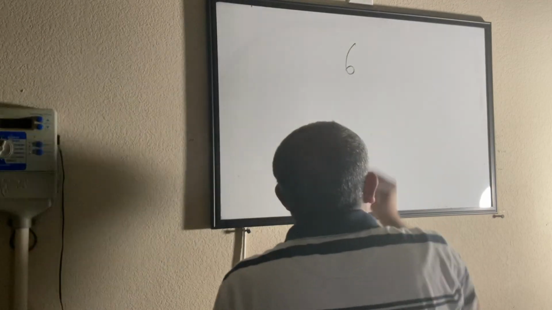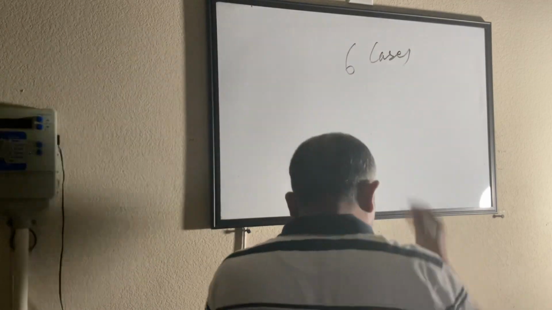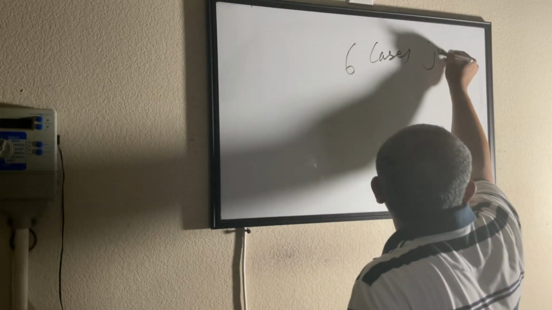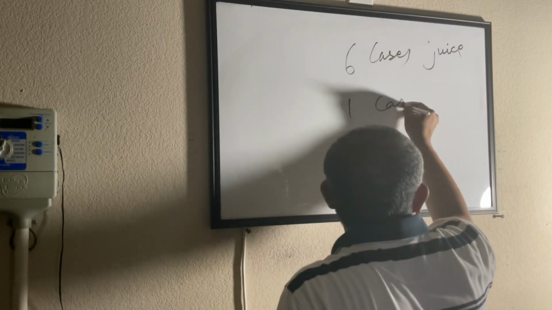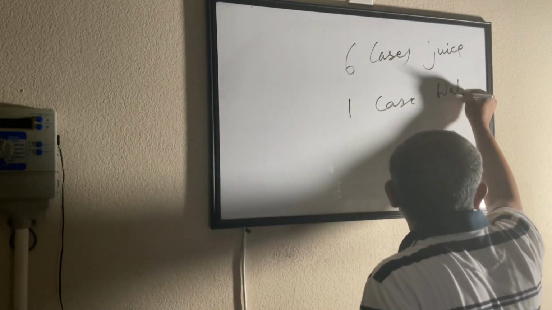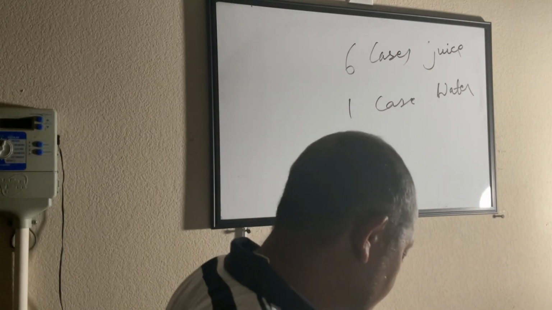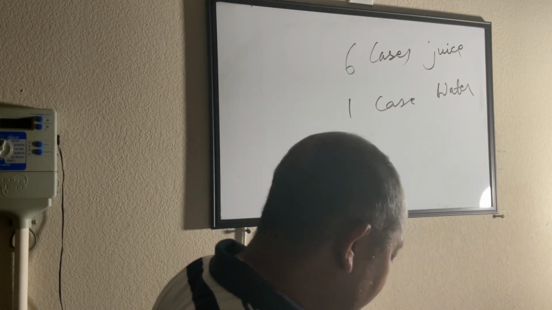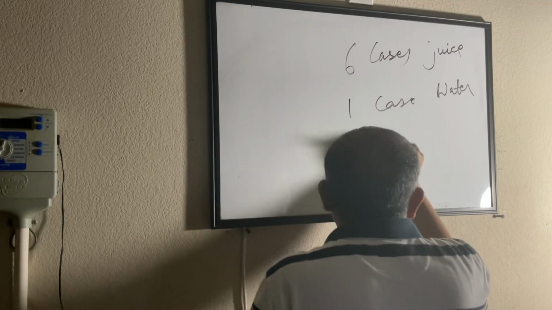The question goes like this. For a high school dinner function for teachers and students, the math department bought 6 cases of juice and 1 case of bottled water, for a total of $135.